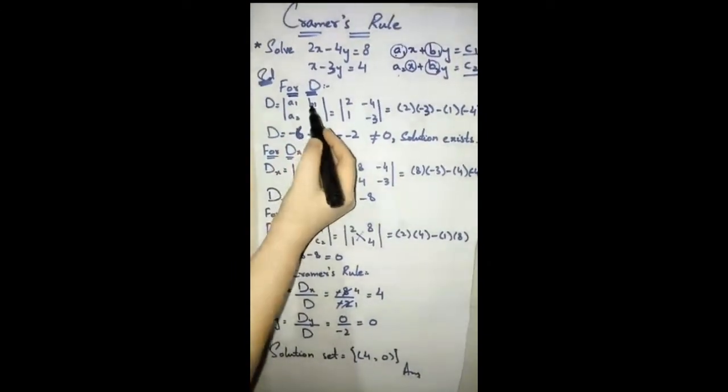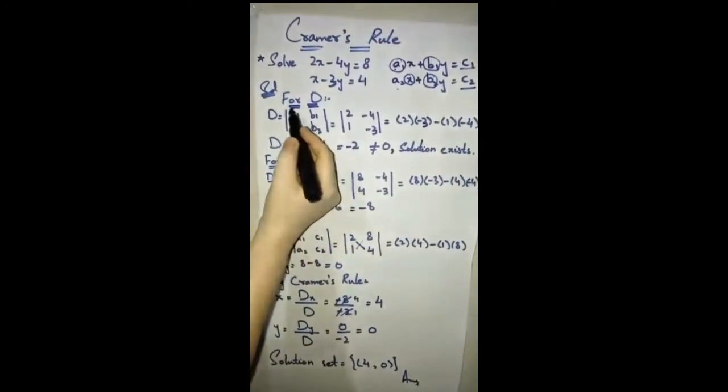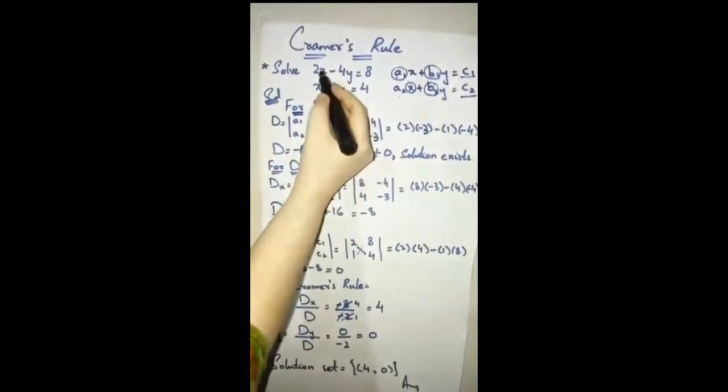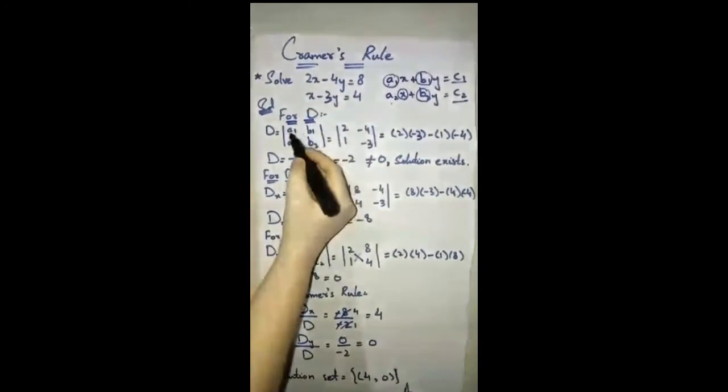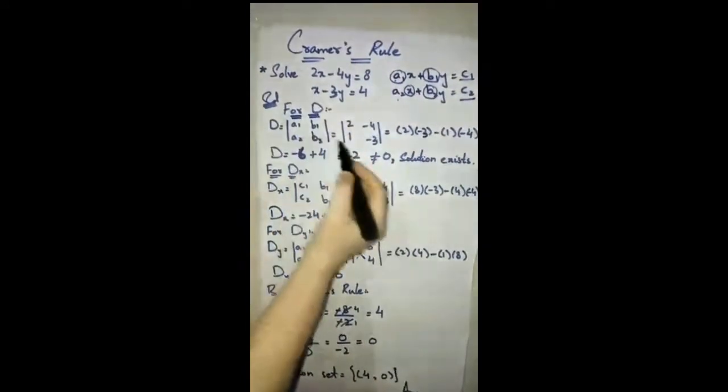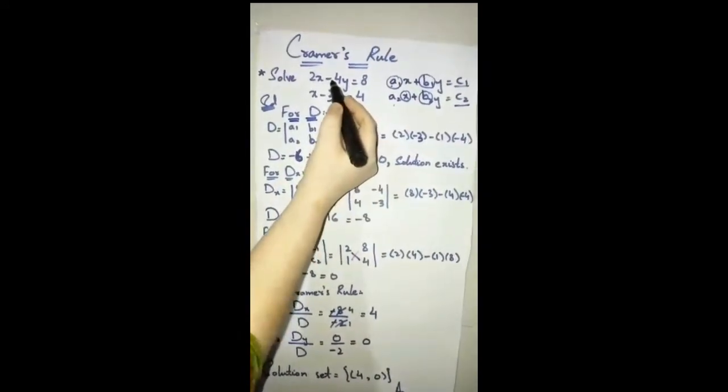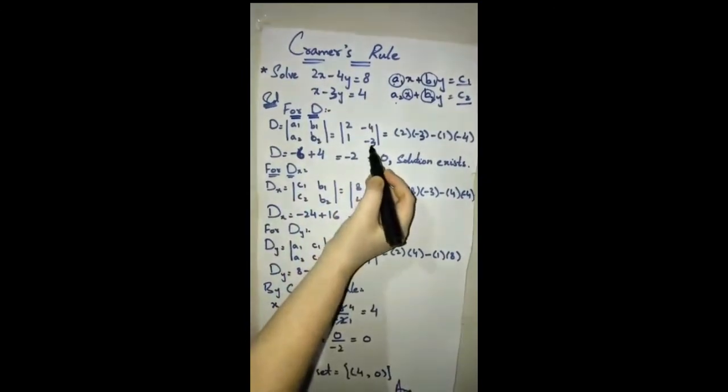D equals the determinant of a1, b1, a2, b2. a1, the coefficient of x in equation 1, is 2, a2 equals 1, b1 equals -4, and b2 equals -3.